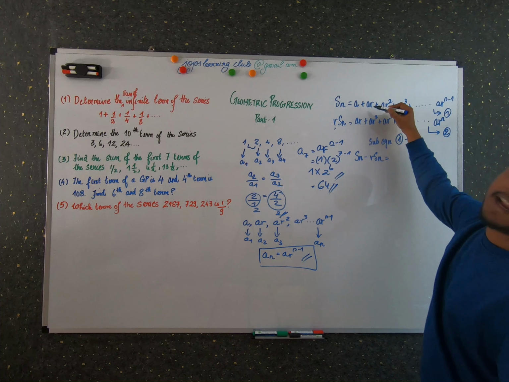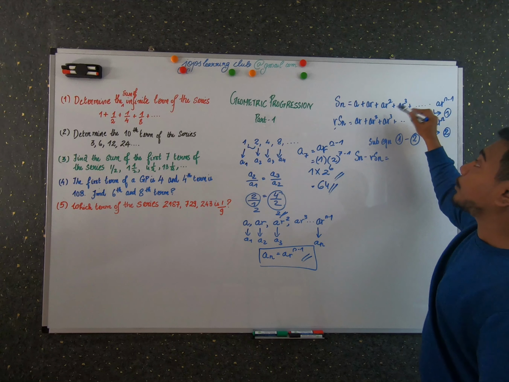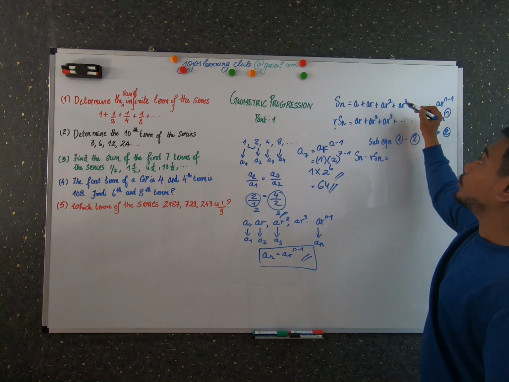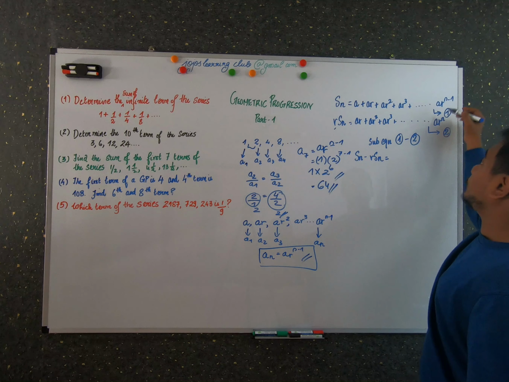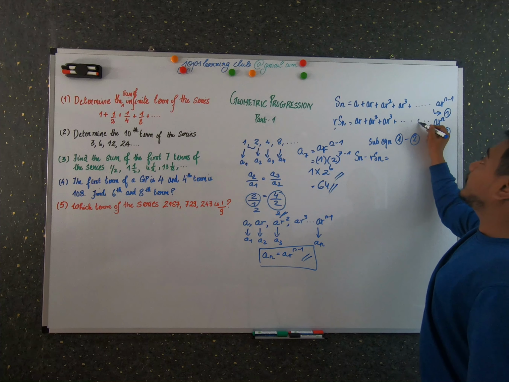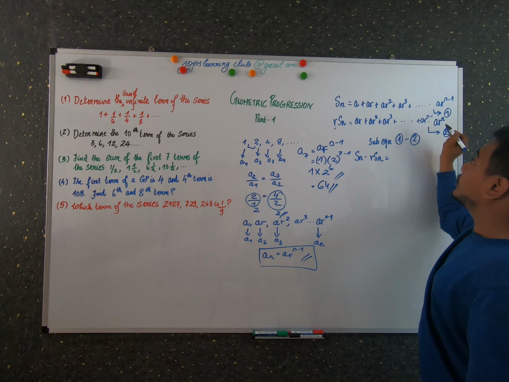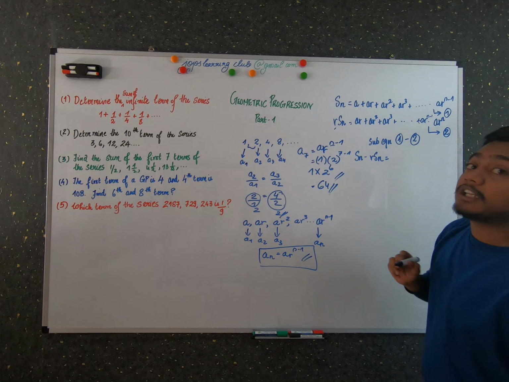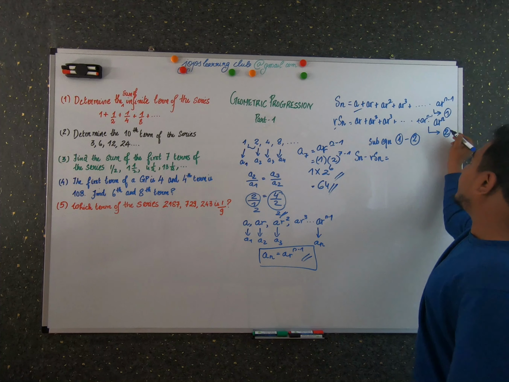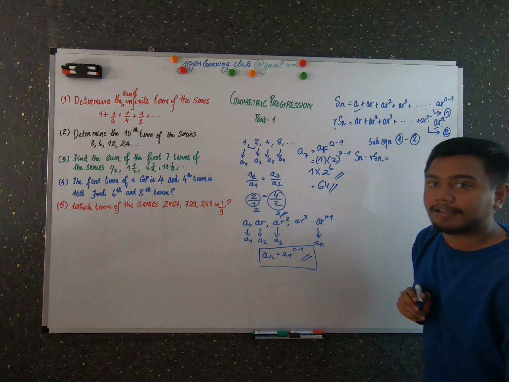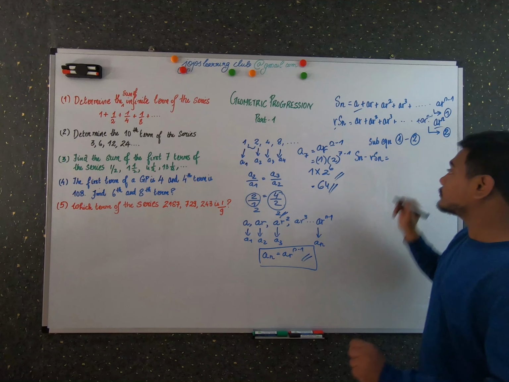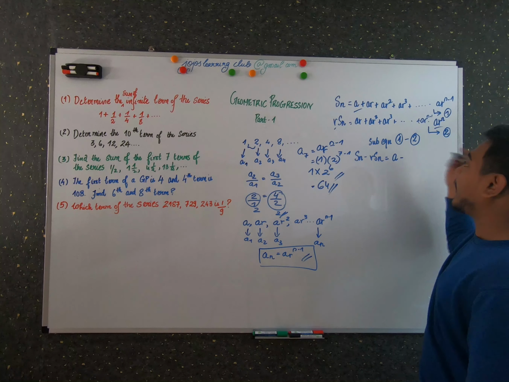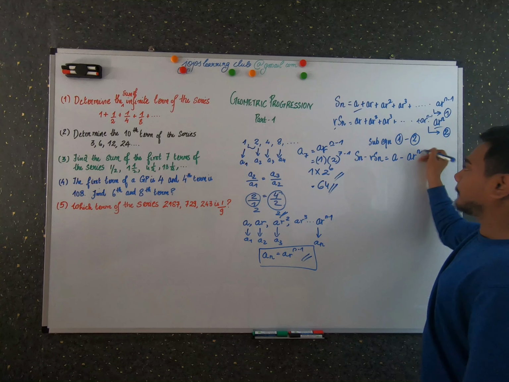So this AR and this AR get cancelled, AR square and AR square get cancelled, AR cube and AR cube get cancelled, and so on. There is AR raised to n minus 1 here as well. So all these cancel, and the only terms left would be A and AR raised to n. Am I doing it right?